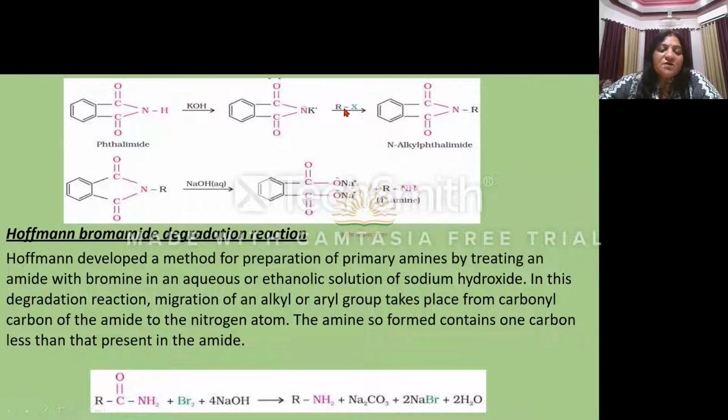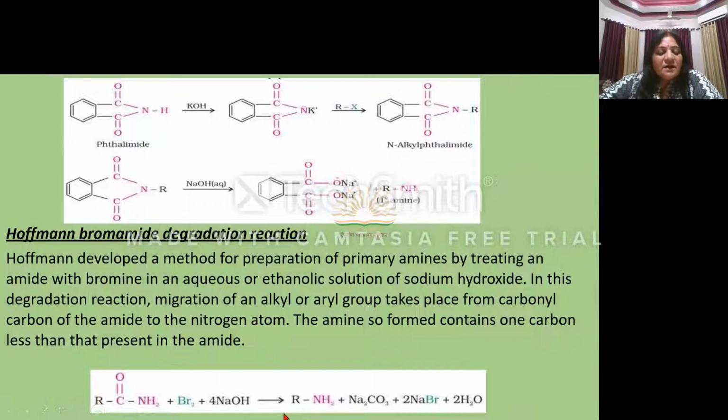Now the next preparation is Hofmann bromamide degradation reaction. As the name shows, degradation, something is degrading here, and it is also an important preparation. This is what? This is amide, RCONH2. It reacts with aqueous or ethanolic bromine with NaOH, alkaline medium. Then primary amine, 1 degree amine, is formed.